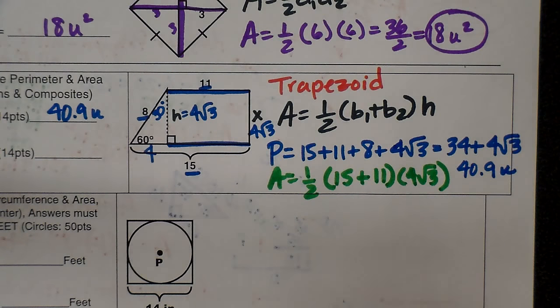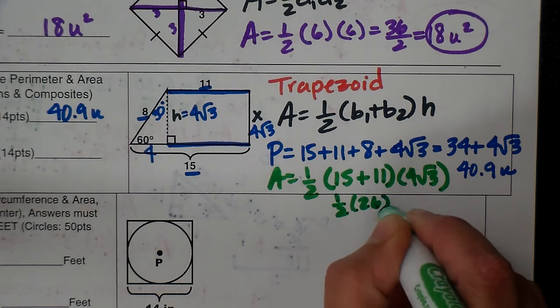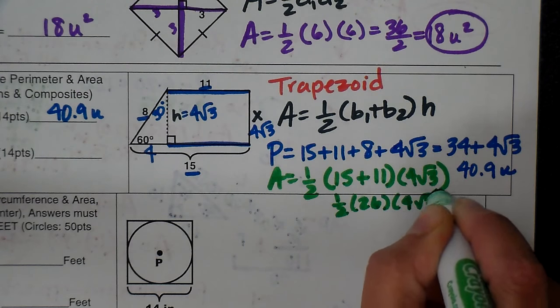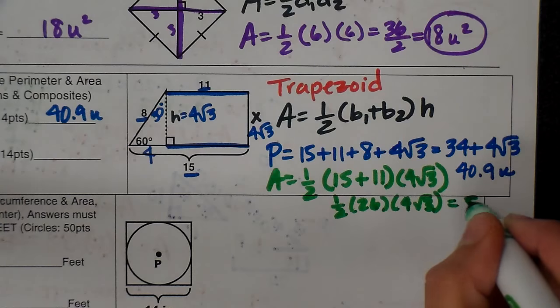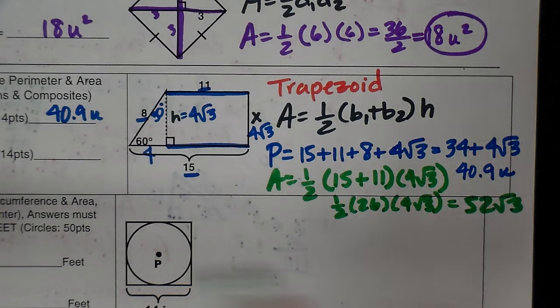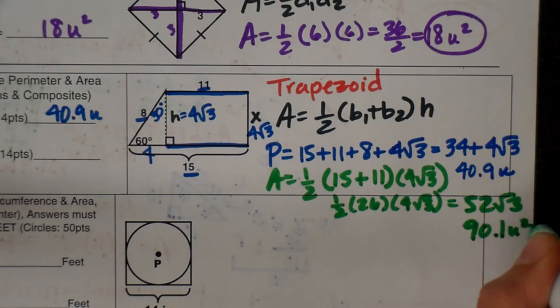So I end up getting 1/2 of 26 times 4 square root of 3. So you end up with 52 square roots of 3 units squared, which is also 90.1 units squared.